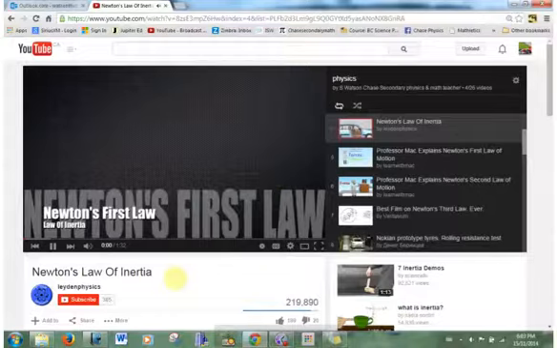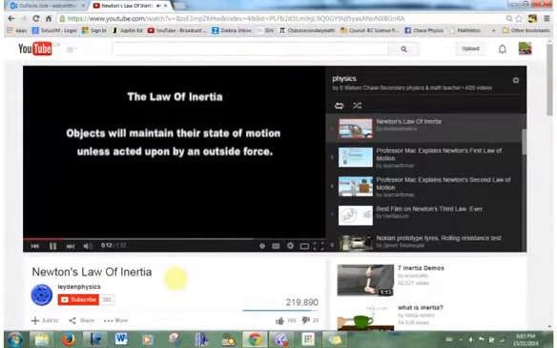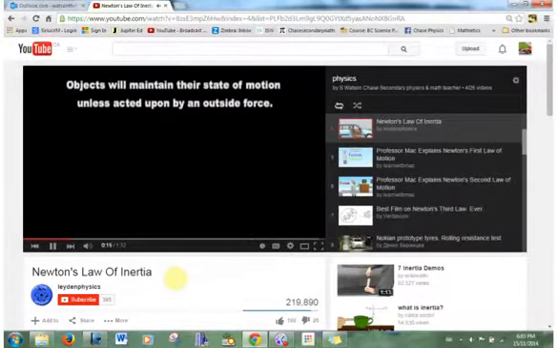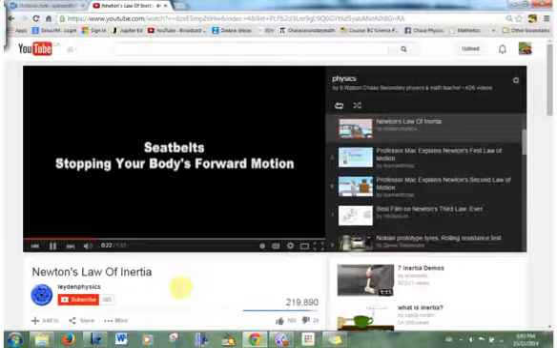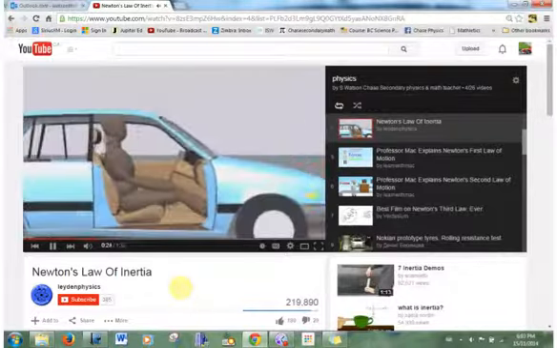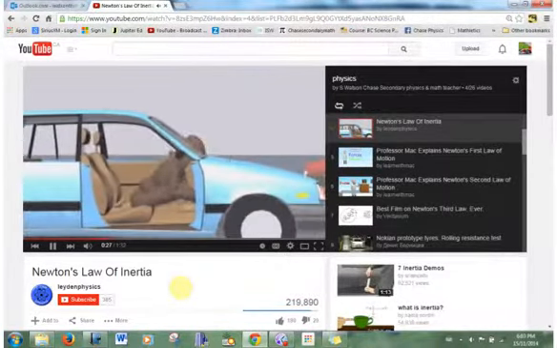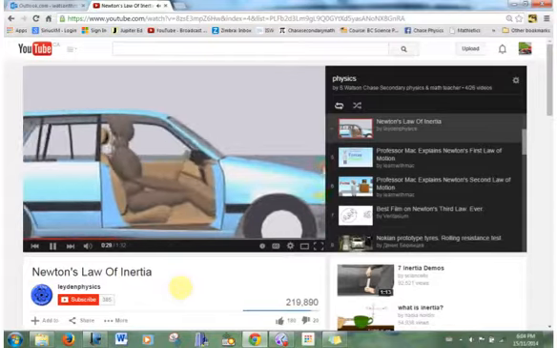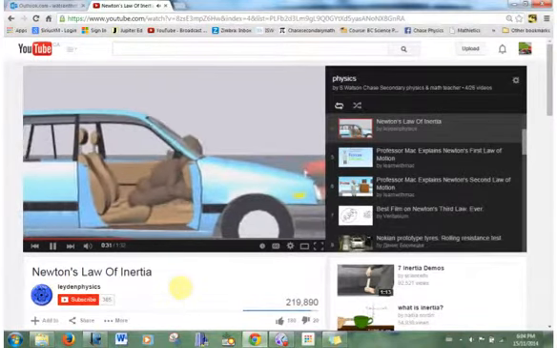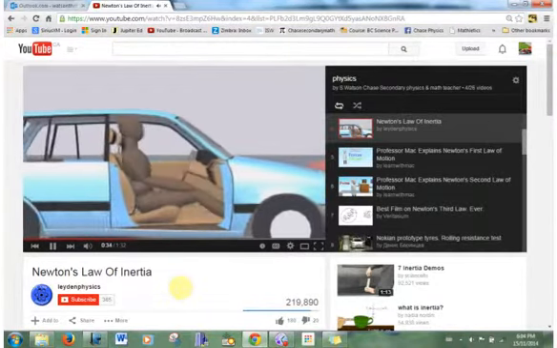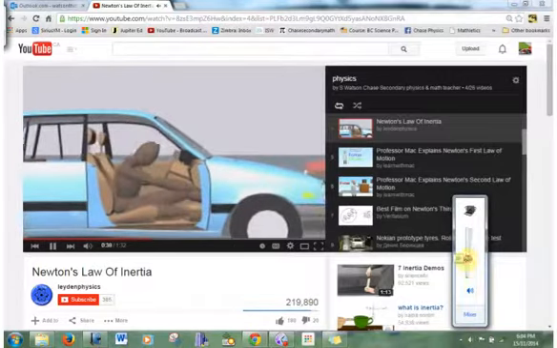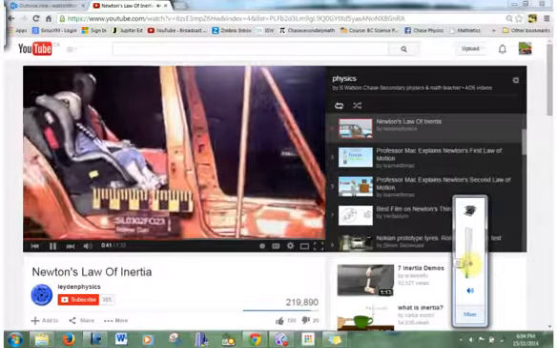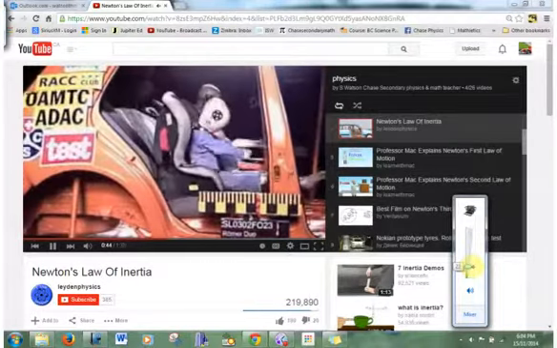It's the old pull the tablecloth out without wrecking the dishes. Let's see how these kids do. Well, they didn't do too well. The law of inertia: bikes will stay still unless you push or pull on them. There are two safety devices in your car to protect you from the effects of inertia. The first is your seatbelt. When the front end of your car rams another object, your car will suddenly stop or slow down. Because of inertia, your body will want to stay moving at whatever speed it was moving before the accident. If you're not wearing a seatbelt, this means you will hit a windshield. The seatbelt provides a force to stop your body's forward motion.